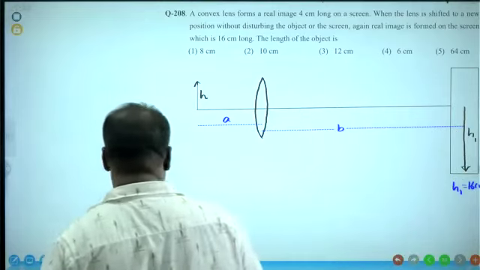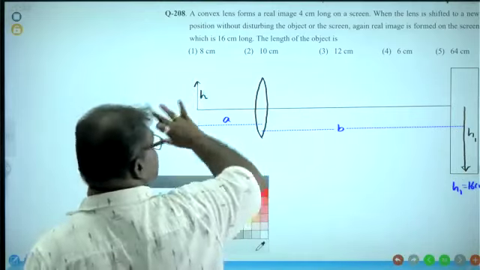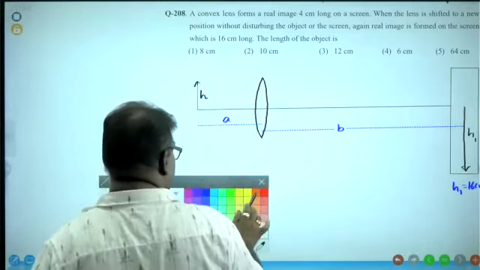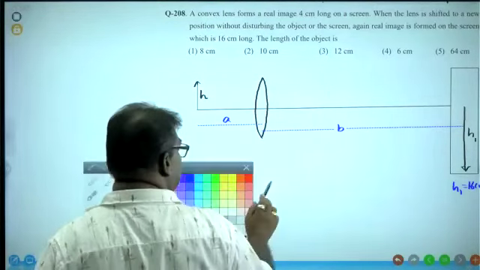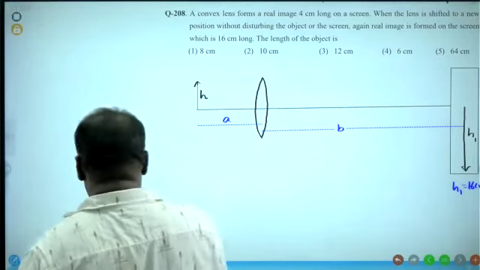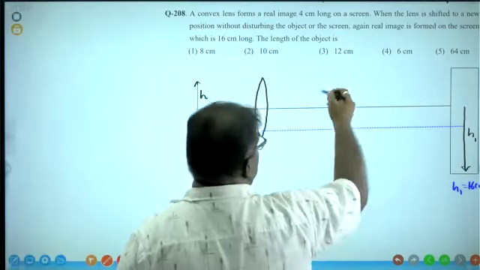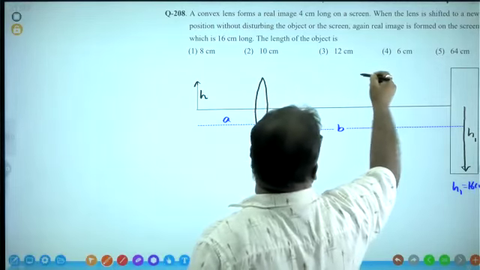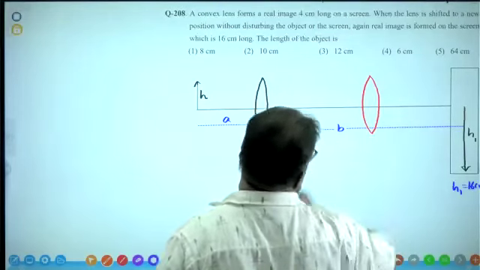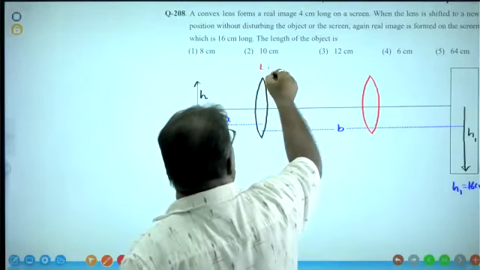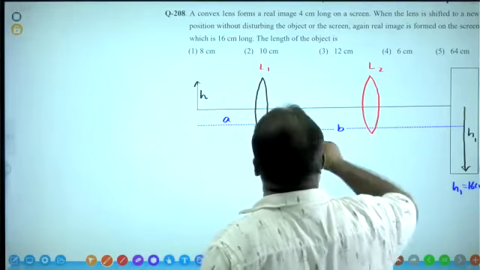And without disturbing the object, here we will have another image by moving the lens to another location right here. This is L1 location, here L2 location.